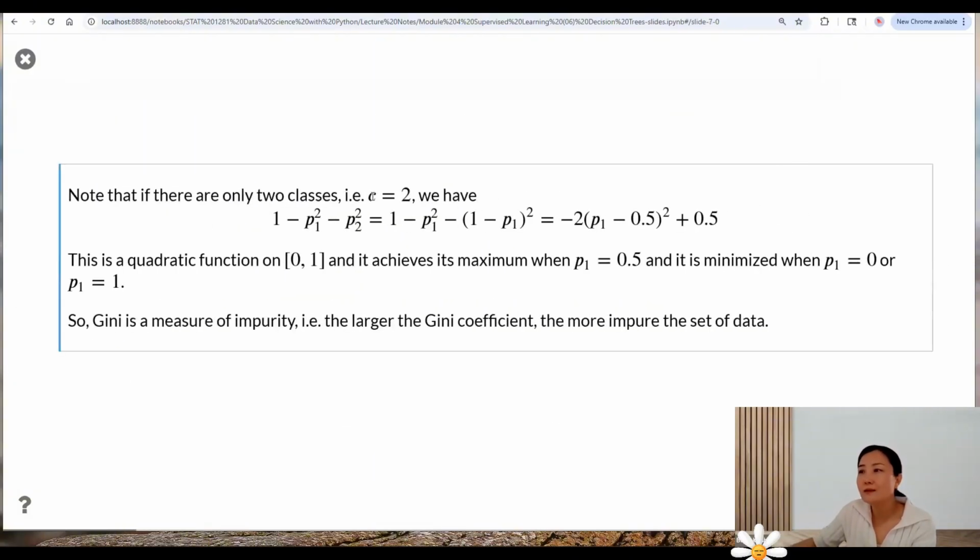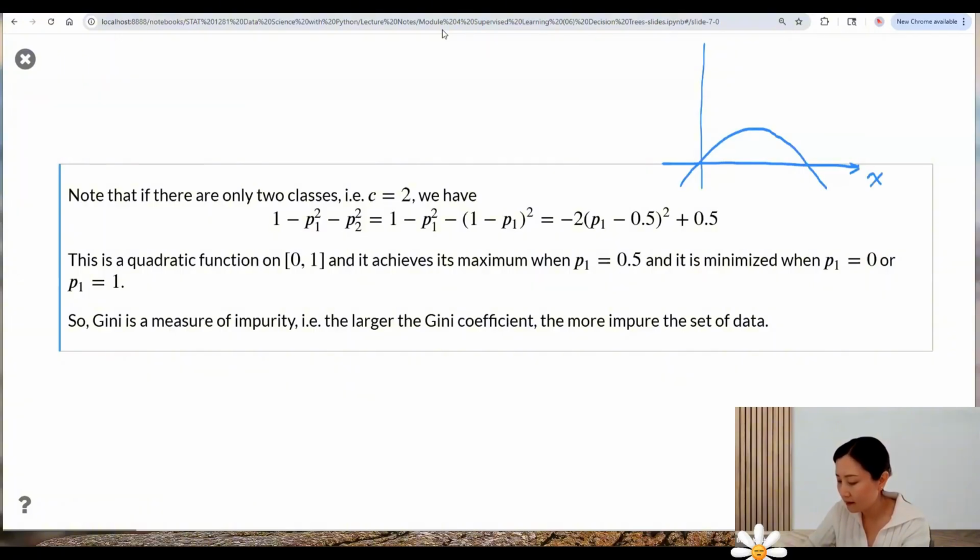If there are only 2 classes, i.e. C is equal to 2, then we can simplify the formula and get an expression like this. So this is a quadratic function of p1, one of the class probabilities. If we draw this curve, it is a parabola facing down, somehow like this.